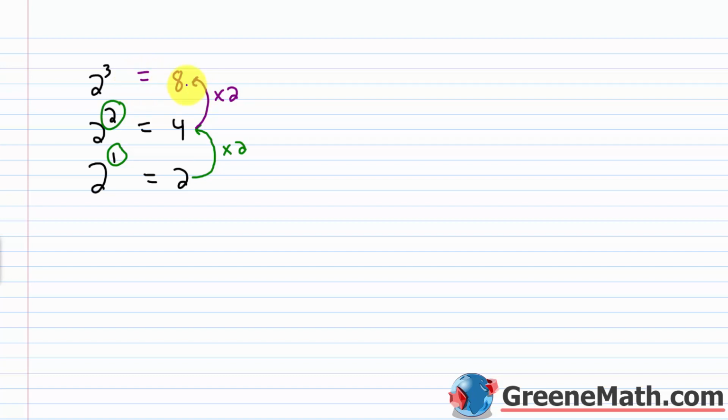Now, if we reverse the process, let me erase what I've put here. If I want to decrease my exponent by 1, starting at 3, to go down to 2, I would take this 8, the result from 2 cubed, and divide it by 2. So 8 divided by 2 gives me 4. Then to go from 2 squared to 2 to the first power, I start at 4 and divide by 2, and 4 divided by 2 gives me 2.